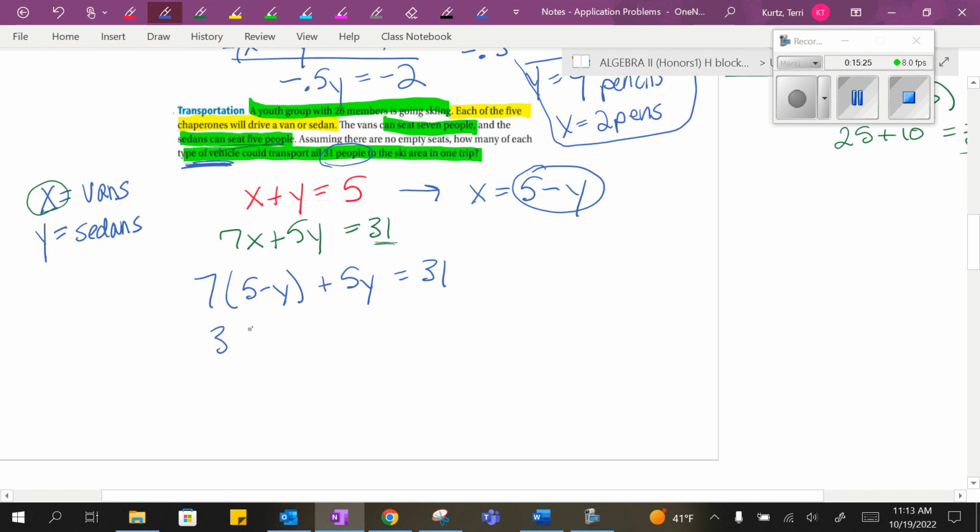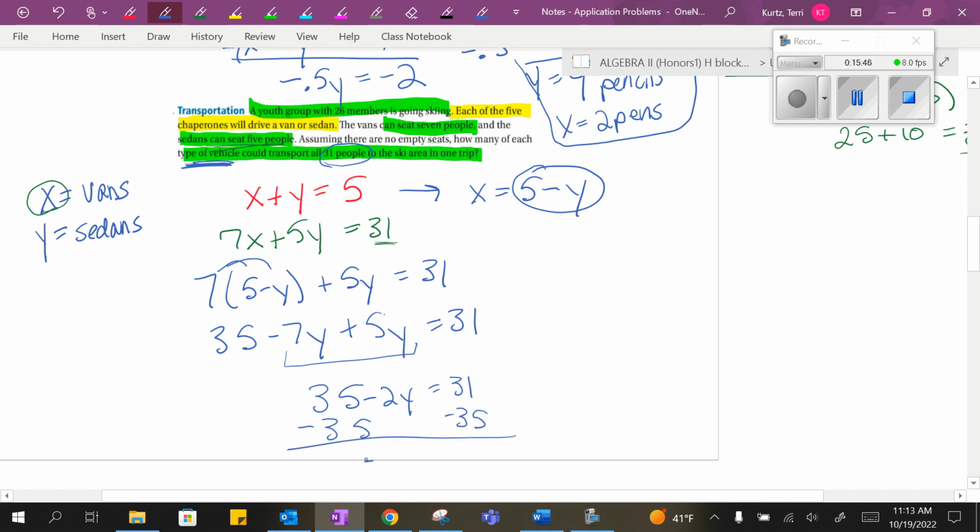Now I've got 35 minus 7y, because I've distributed, plus 5y equals 31. I simplify. Negative 7y plus 5y gives me negative 2y equals 31. I'm going to get my y's by itself, and I get negative 2y equals negative 4.